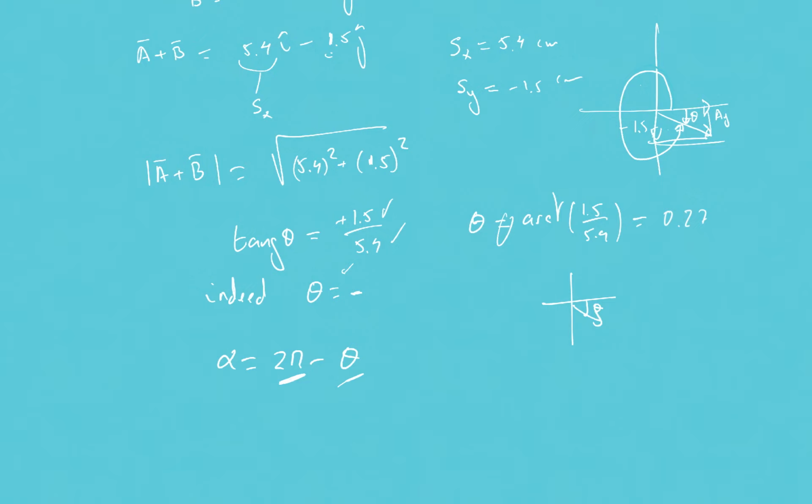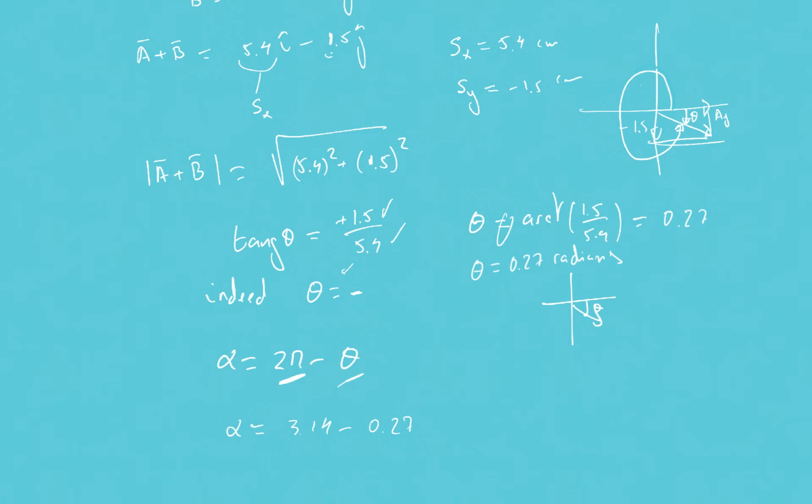So theta will be, according to my calculator, 0.27 radians. So alpha will be 3.14 minus 0.27.